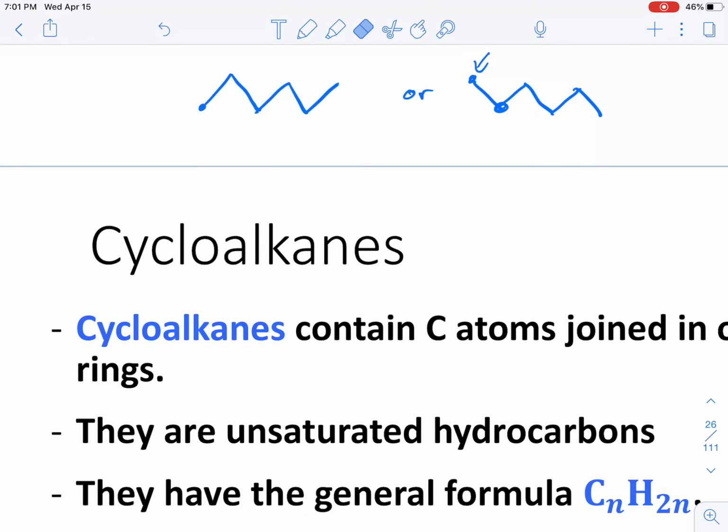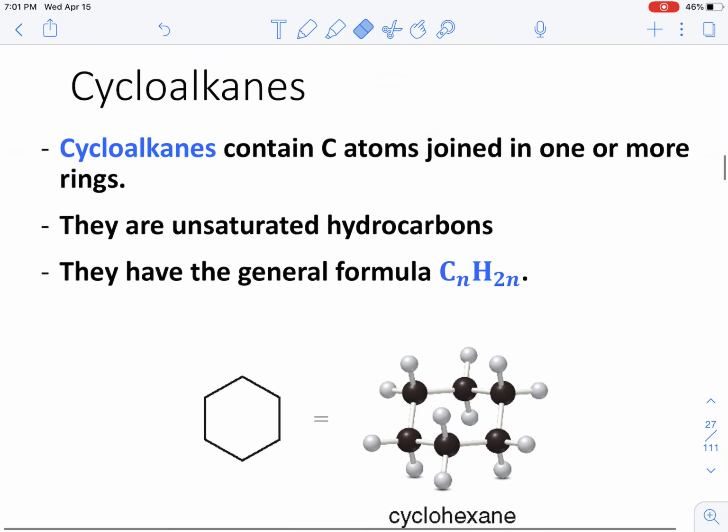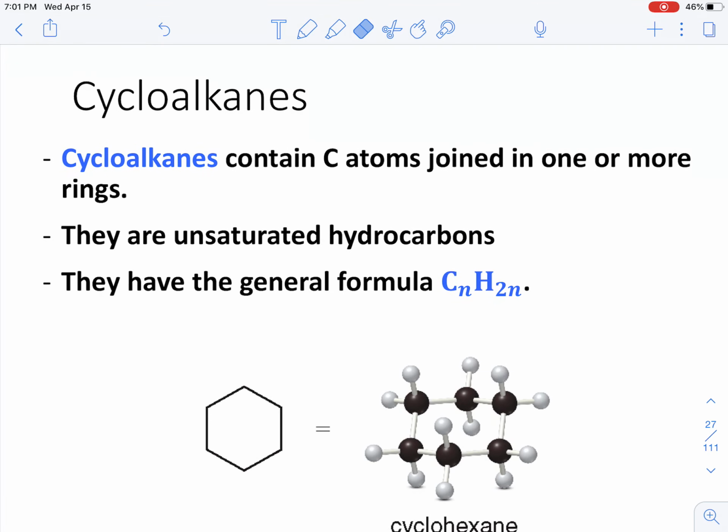All right, so that is acyclic alkanes. And so if something is acyclic, that means it's not a cyclic ring. That also implies that there are compounds out there, some alkanes that are cyclic, that are in a ring. And so they are known as cycloalkanes.